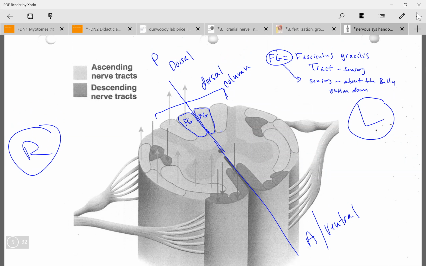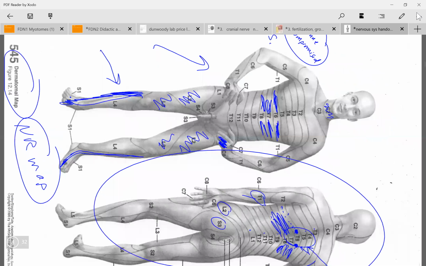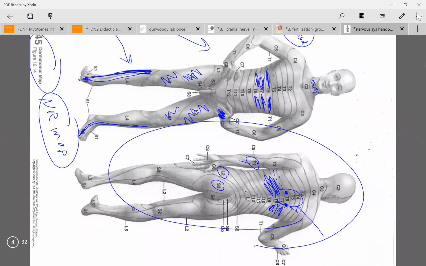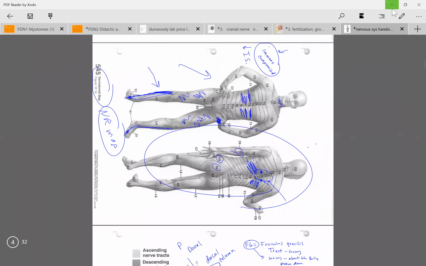Okay. So what that means is if you look at a person, let me derotate that.